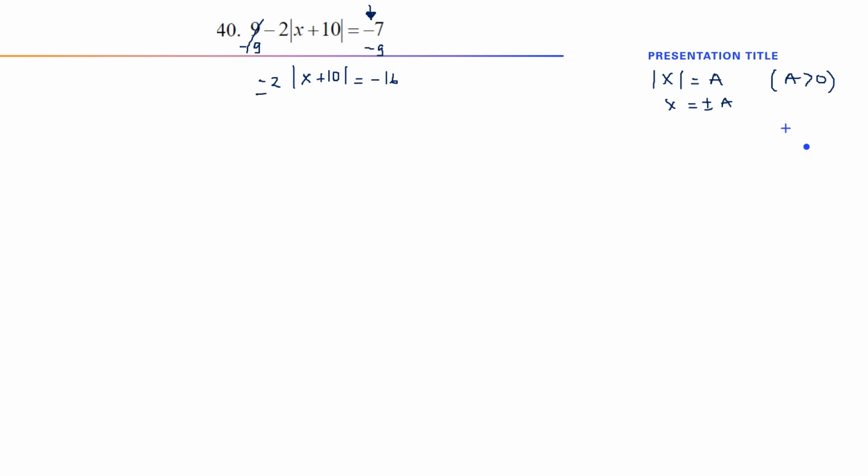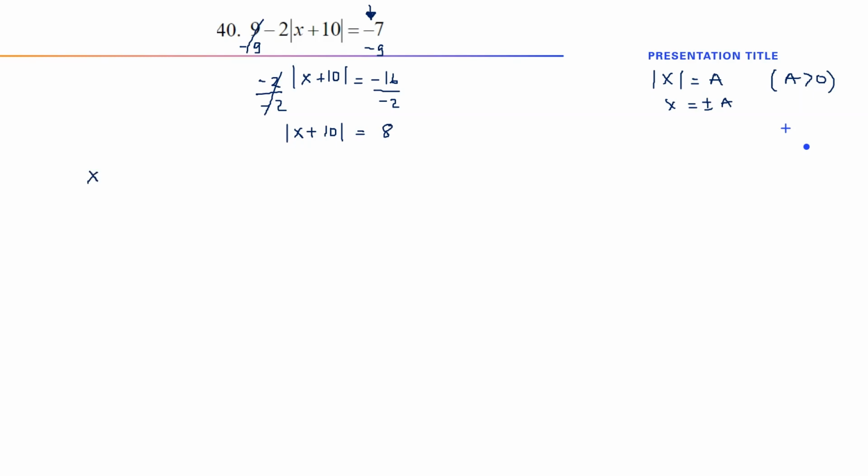And now we divide both sides by negative 2. That is 1, so we have the absolute value of x plus 10 equals negative divided by negative, making positive. So 16 divided by 2 is 8. This looks good, right?